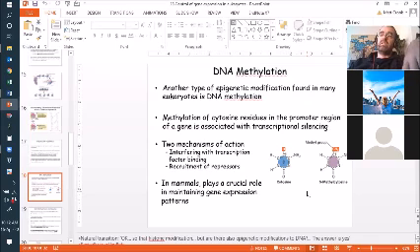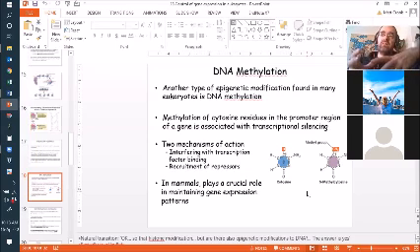And that's partly because those methyl groups change the shape of the DNA. And so a lot of those transcriptional activator proteins or transcription factors won't physically be able to bind to that DNA.